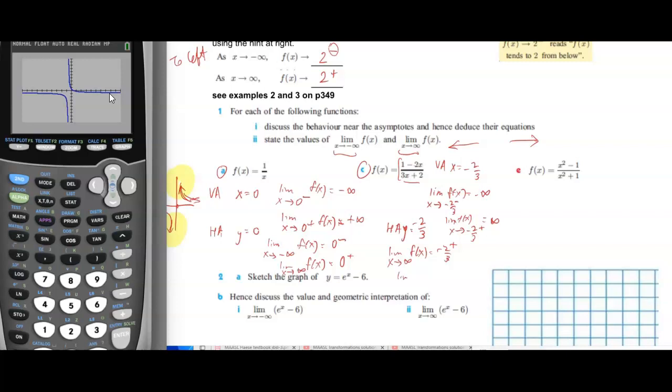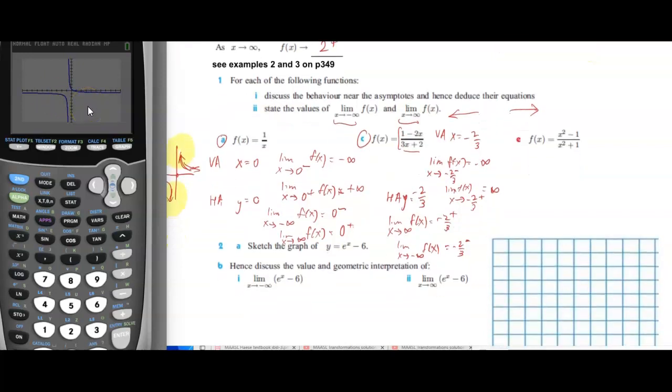And then finally, if I approach x is negative infinity, then I would be approaching the left side, so I would be coming from the bottom. I would put negative 2/3, and then I would put a negative sign in the top. Okay, and let's see, let's go to the next one.